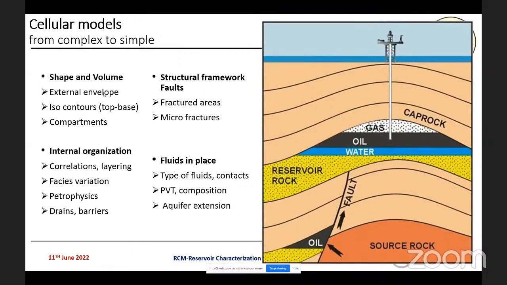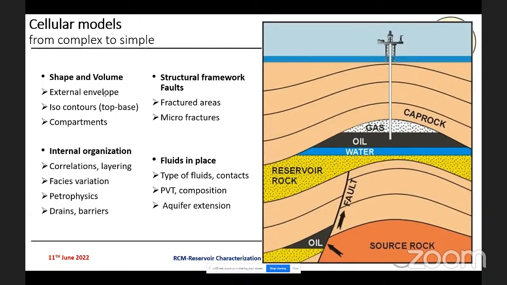So as a geomodeler, before you get into the model, you need to understand each component separately with the rest of the team, so that you can make a proper interpretation, and based on this interpretation you can start building your model.